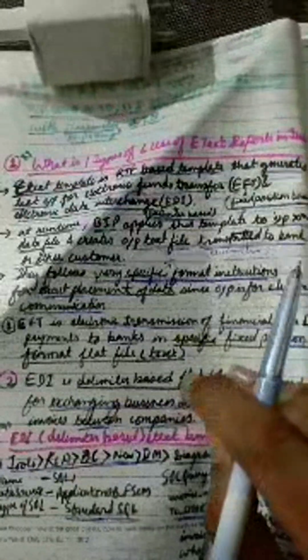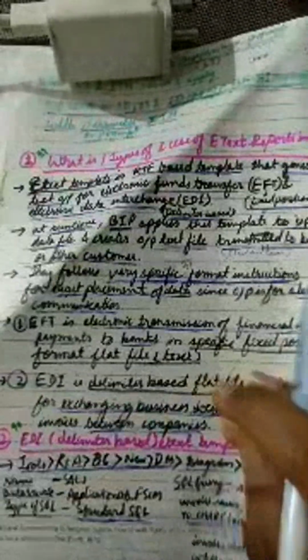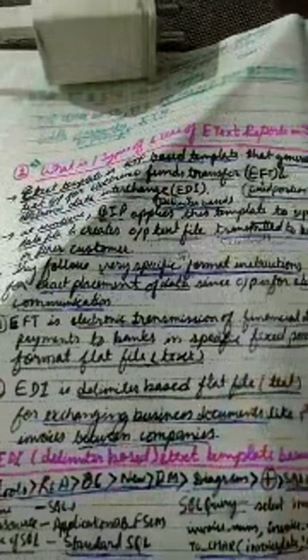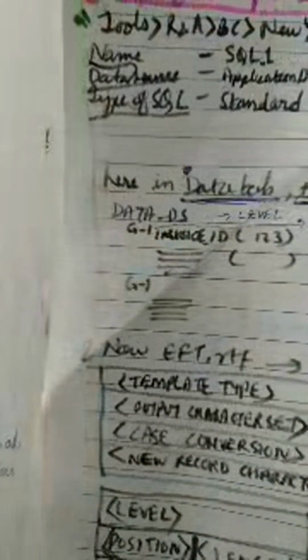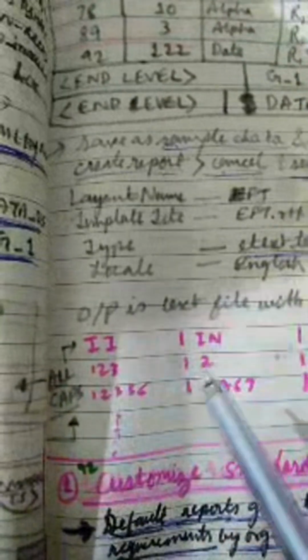electronic fund transfer. In that, every single thing usually starts with a fixed position. For example, I'll show the output later. Okay, here let's just see the output. Like if you have invoice ID, invoice number, then an amount and ID.